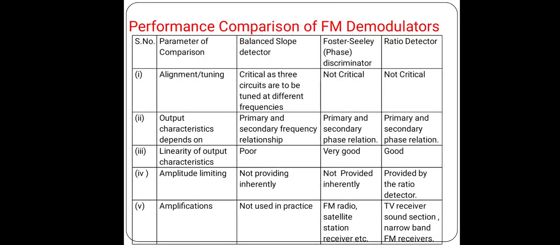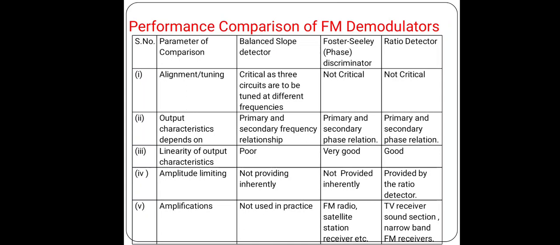Here is a comparison of all three: balanced slope detector, Foster-Seeley discriminator and ratio detector, with respect to alignment, output characteristics, linearity of output, amplitude limiting and amplification. In these three, linearity of output is very good in the Foster-Seeley discriminator and it is not critical in alignment.